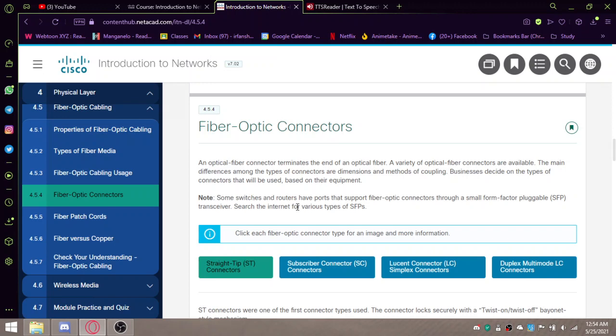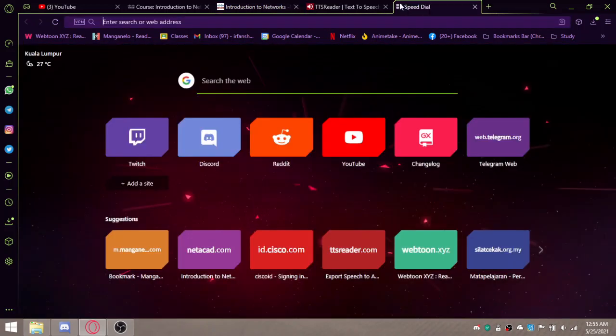Some switches and routers, setengah switches dengan routers ada port that support fiber optic connectors through a small form factor pluggable SFP transceiver. Search the internet of types of SFPs.